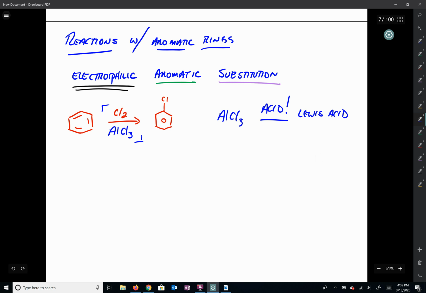So what's a Lewis acid? Well, it's a lone pair acceptor, right? To be a lone pair acceptor, you're going to have an open orbital for the lone pairs to come into. So we need an open orbital.